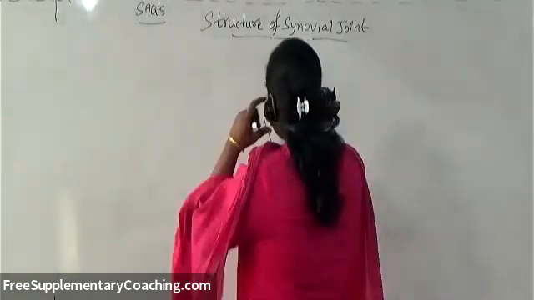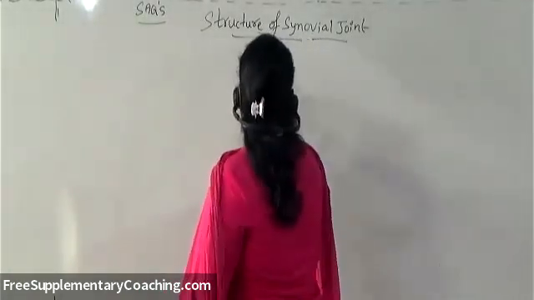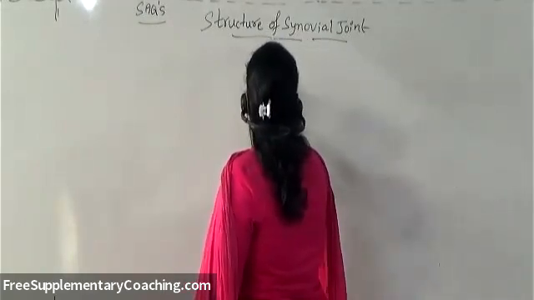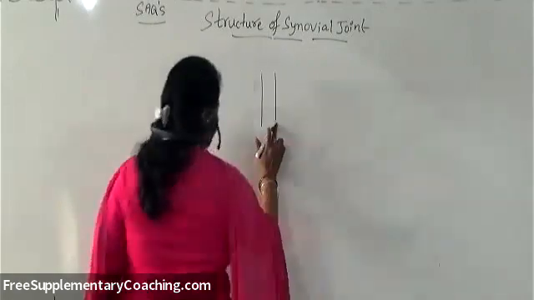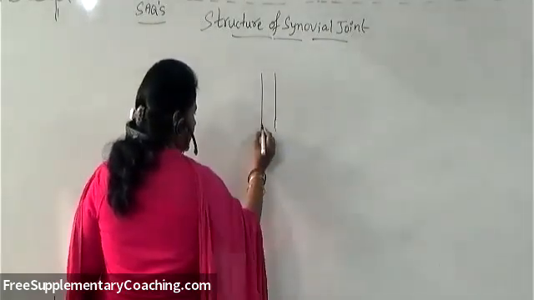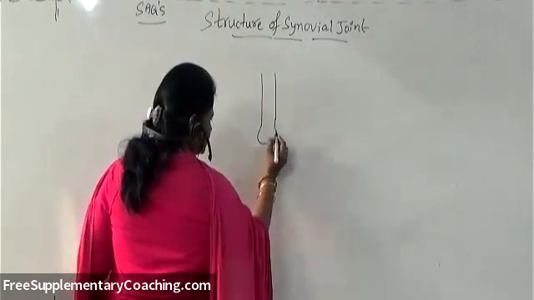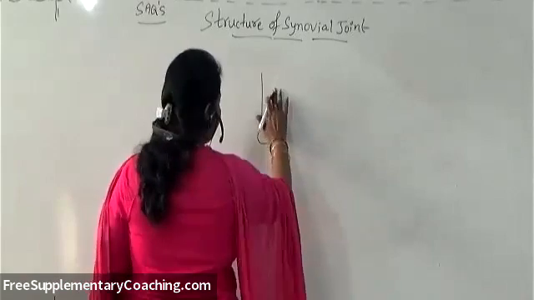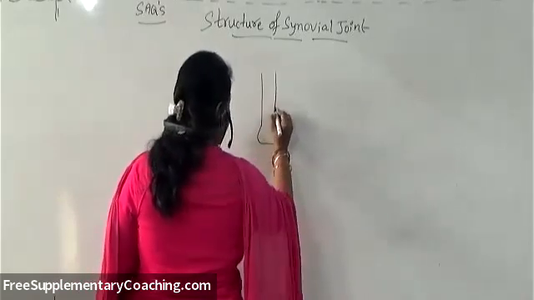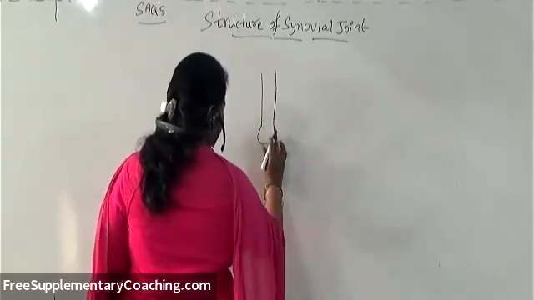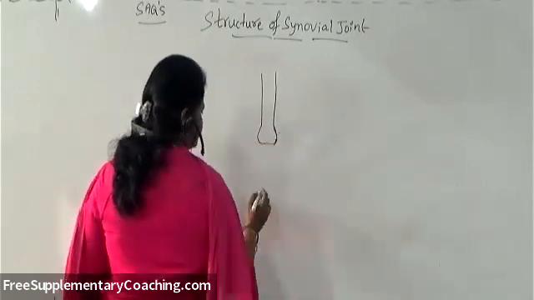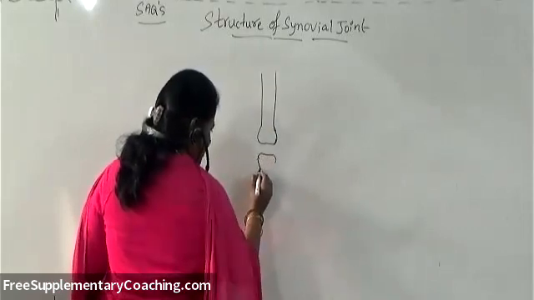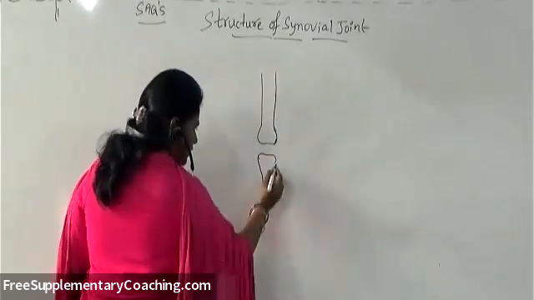So first draw two bones and cover them with the capsule, like this. First of all, show two bones. And you are also supposed to show the ending of the two bones.